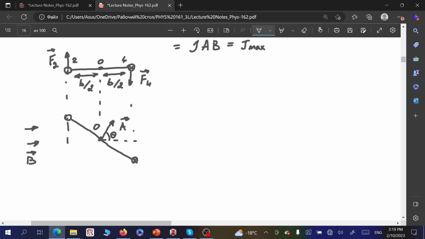And here we have the same angle theta. So we have magnetic forces F2 and F4.